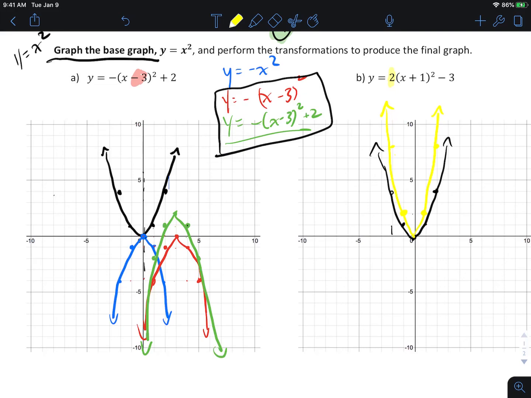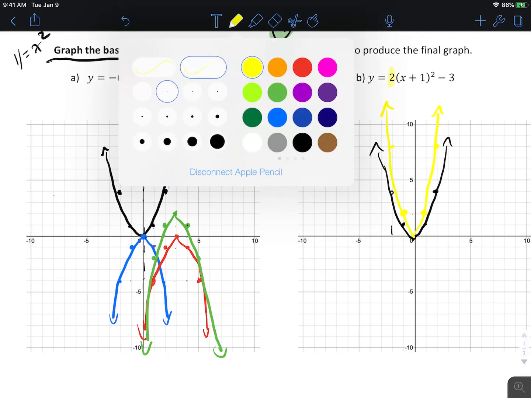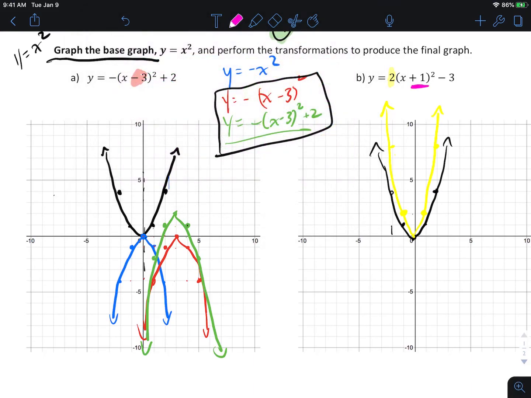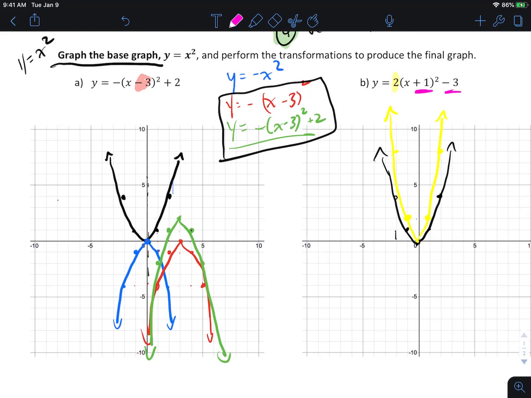And then I'm going to combine the next two. I'll do them in, I don't know what color, we'll do it in magenta, okay? So I'm going to combine this with that, okay? I'm going to do them in one step. So I'm going to move the graph to the left 1, because it's opposite, right? Left 1 and down 3, each of the points.